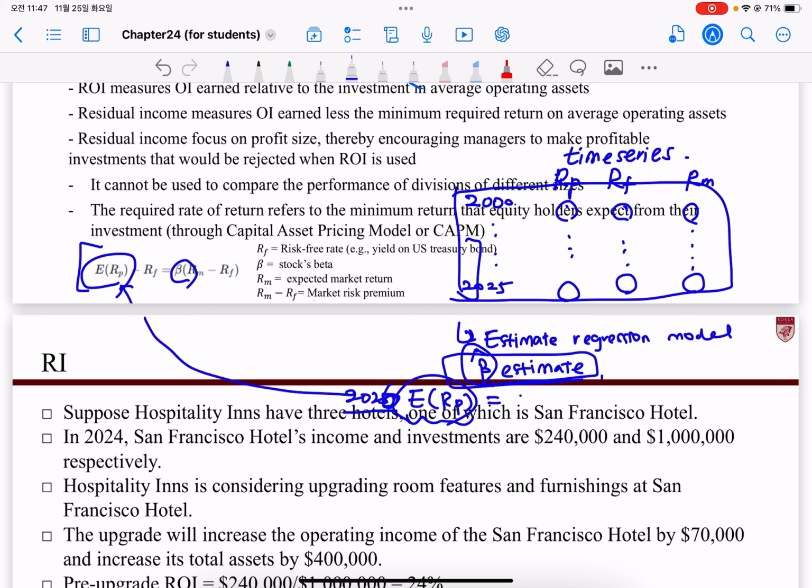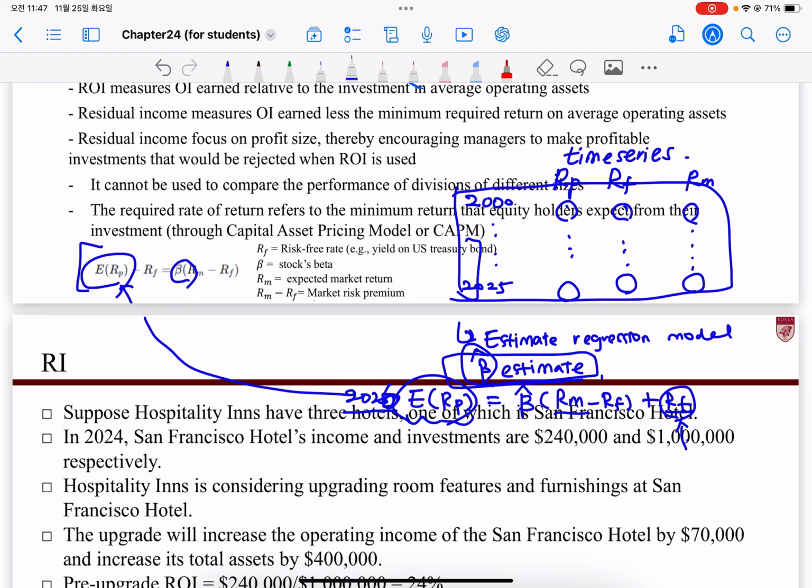And we can calculate this by beta hat times RM minus RF, plus RF. So these numbers will be known to you. Like RF is the risk-free rate that you can also get from the government website.